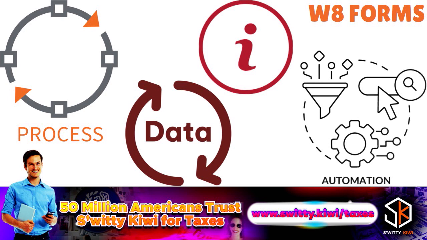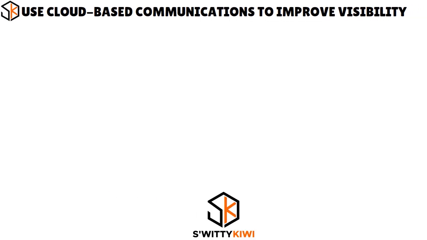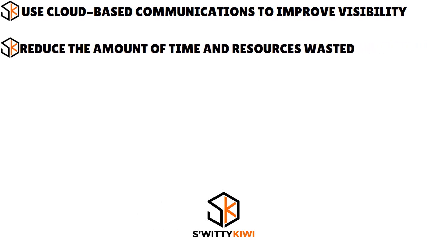When you automate everything, you are good to go because you can use cloud-based communications to improve visibility and streamline workflow while dealing with vendors. Better supplier connections and the potential for early payment reductions result from this. You are able to reduce the amount of time and resources wasted so that they can be put to better use.